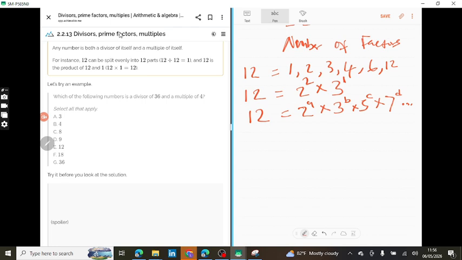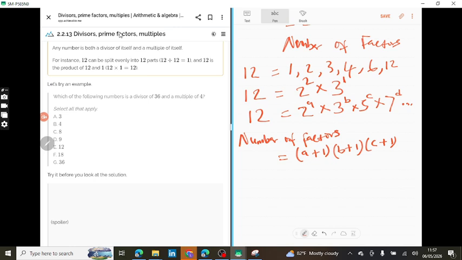Then the number of factors equals a plus 1 times b plus 1 times c plus 1, till you add all of them. You multiply them down to the last one.